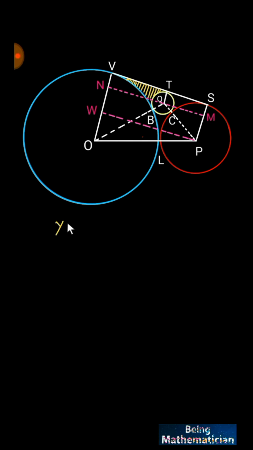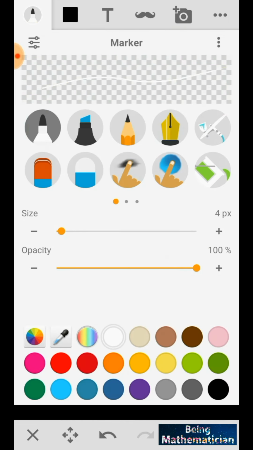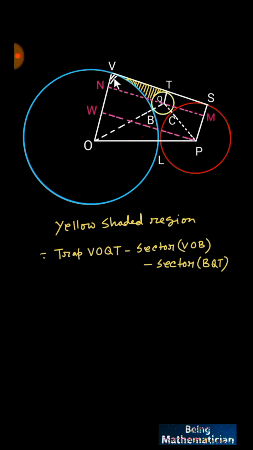So this yellow shaded region must be the trapezium BOQT minus the sector BOB minus the sector BQT. Means this sector and this sector.